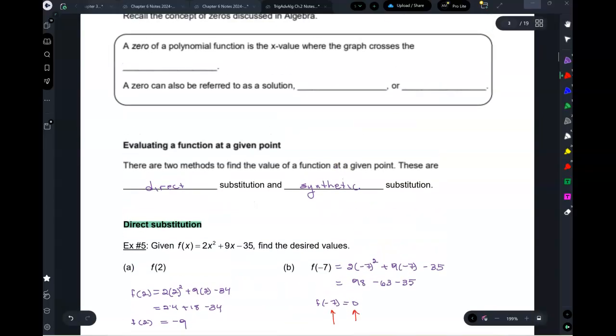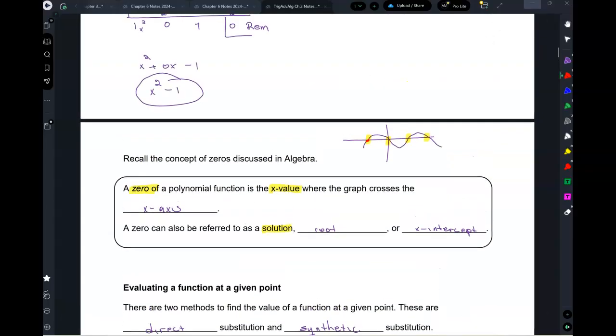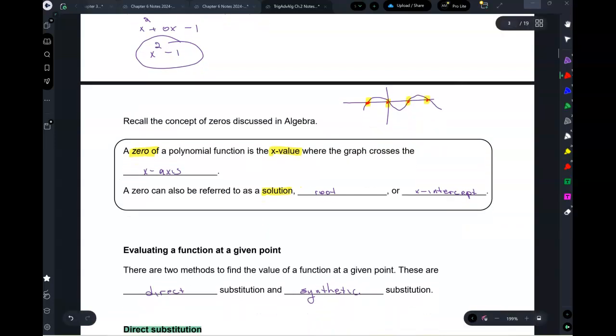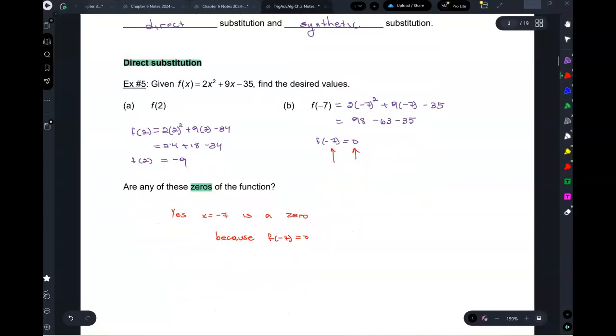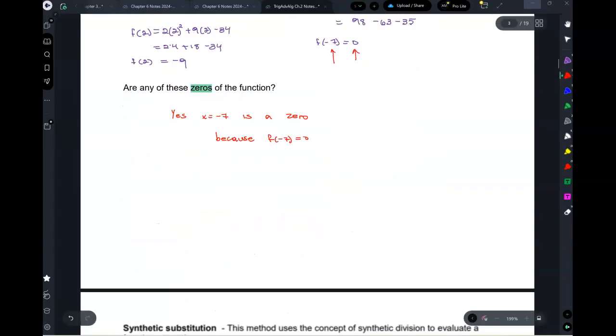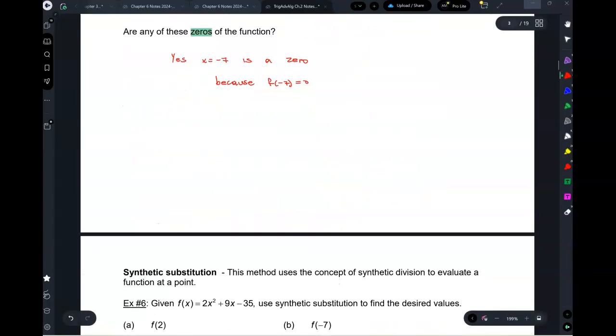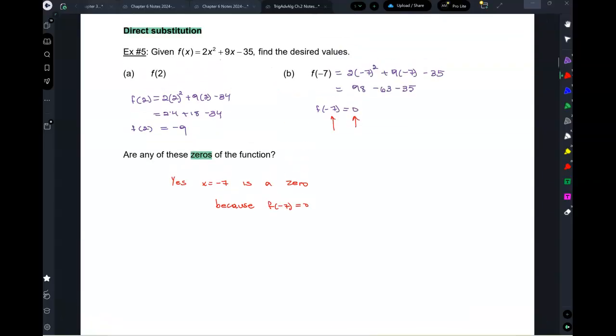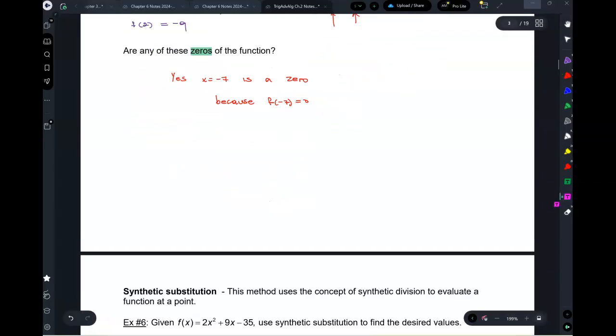Okay? Just like what we said here, the y value at that point is 0. That means that x equals negative 7 is called a zero or a solution of the equation. So that was by direct substitution.